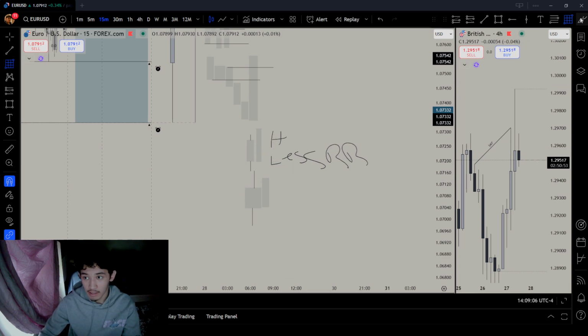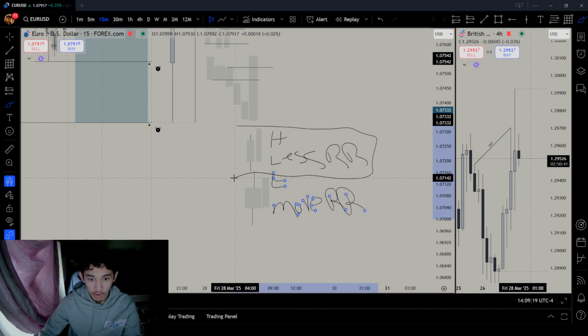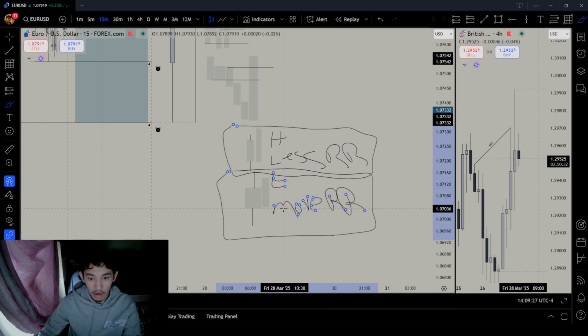So it's L for lower probability, but more RR. You see the difference. This one gives you way higher probability but less RR. This gives you way more RR, but less probability. That's the difference.